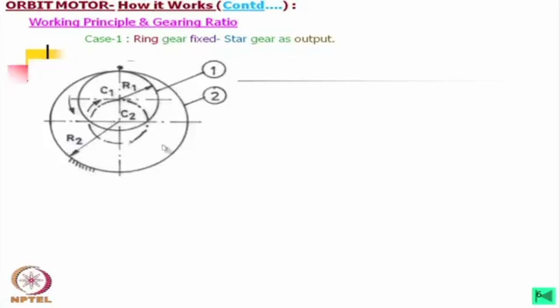Now, these two circles, we should call base circles if it is in terms of involute teeth. If it is of other teeth, say cycloidal teeth, usually this is called the describing circle.